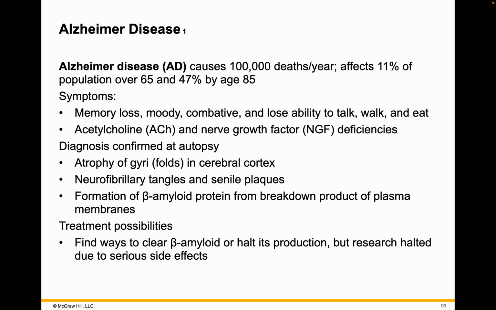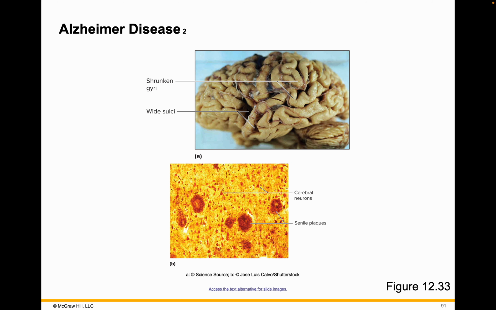There are new treatments coming out. This particular one, they describe, has been halted, but there are newer drugs, and the potential to treat Alzheimer's is certainly improving. And you can see the brain on autopsy.